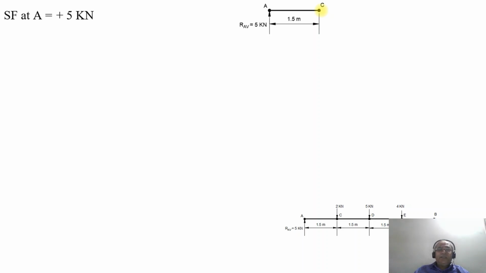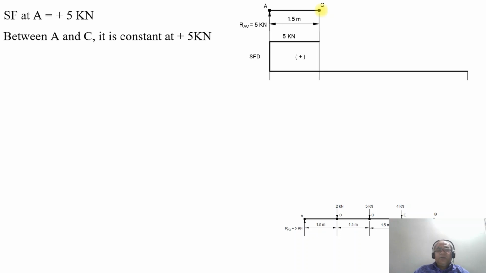Then between A and C, as there is no load acting on the beam, it remains constant at plus 5 kilonewton. So the SF at the point A is 5 kilonewton, and between A and C it remains constant at plus 5 kilonewton.